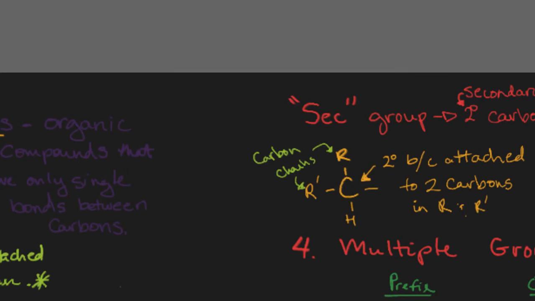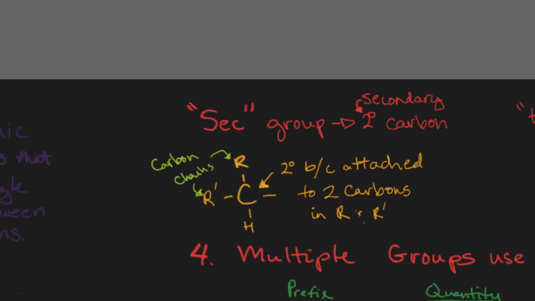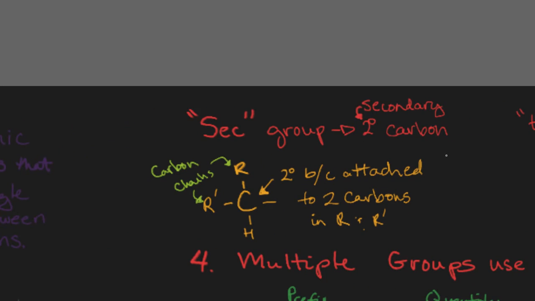Now let's look at the sec group. What is sec-butyl or sec-whatever? Well, sec stands for secondary. Secondary basically means that we're going to have two carbons attached to our main carbon that's attached to the chain. So here's the secondary carbon, and these R and R prime are designated for carbon chains, meaning the first element attached in this R, and in this R prime, is a carbon.